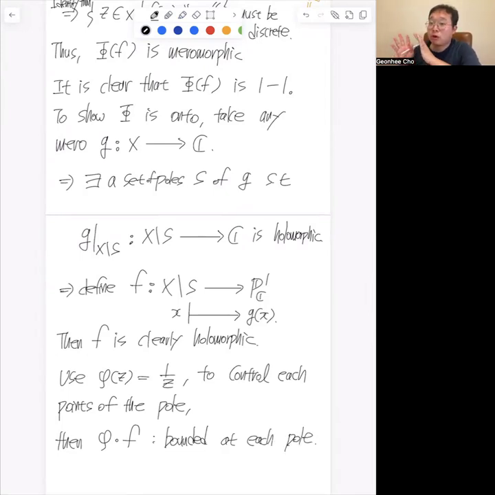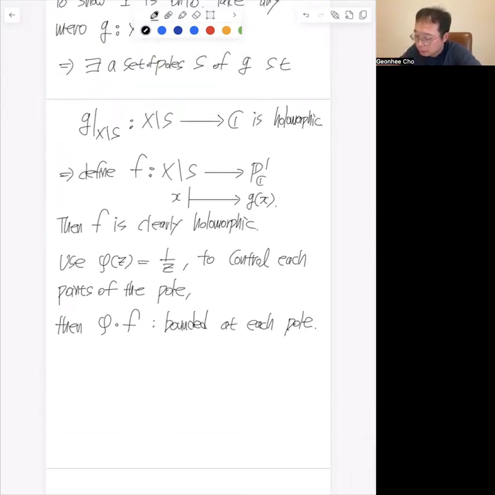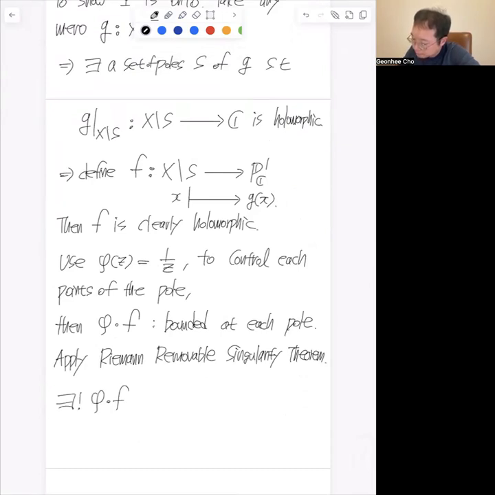So now we have a holomorphic function at the puncture, in a small neighborhood. Then it is bounded, so we can apply the Riemann removable singularity theorem that we already proved in the last lecture. So this extends uniquely to a map, not just from X minus the poles to CP1.